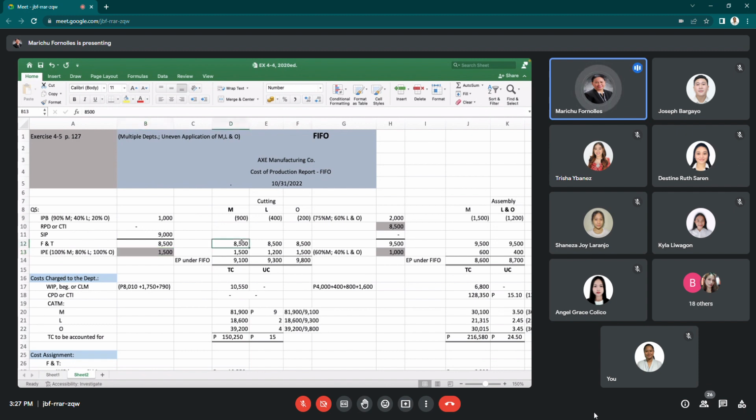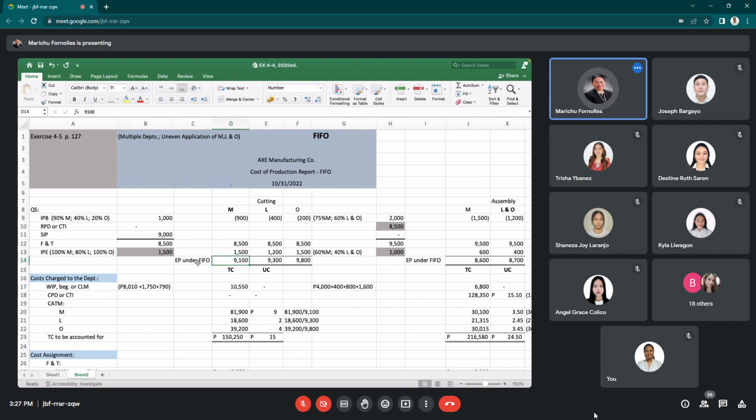The sum of these two gives you your EP under weighted average. But if the sum of these two has a deduction for the EP in IPB, what remains is your EP under first in, first out.